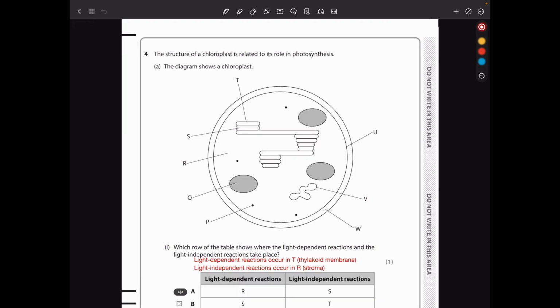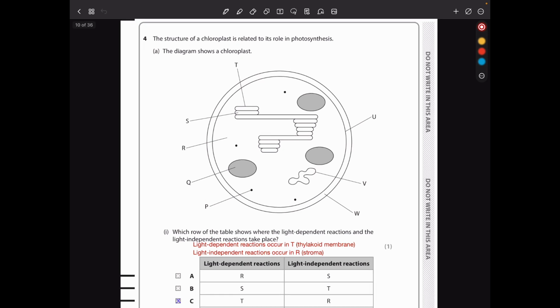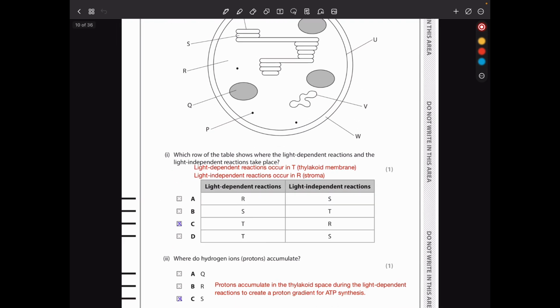In question 4, the structure of a chloroplast is related to its role in photosynthesis. Here we see the structure of the chloroplast. We see the thylakoids, the thylakoid space, the stroma, and many different things in here. Then they say which row of the table shows where the light-dependent reactions and the light-independent reactions take place.